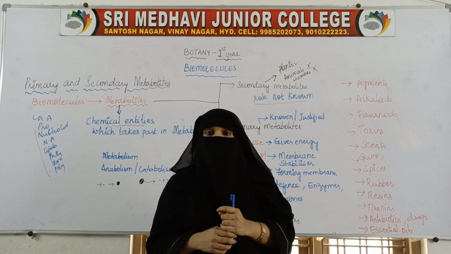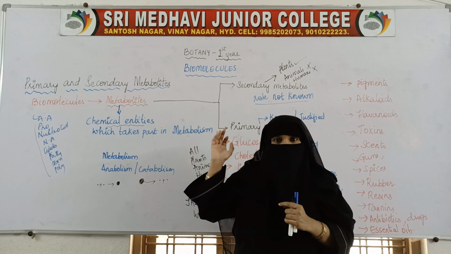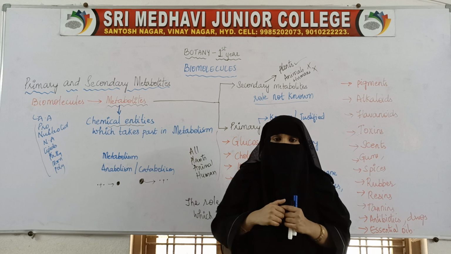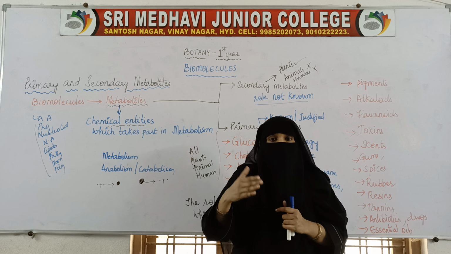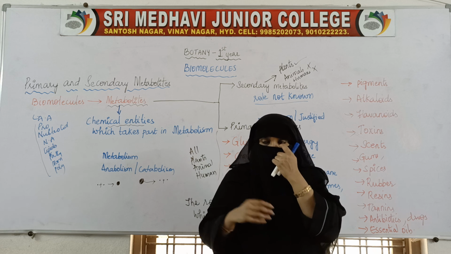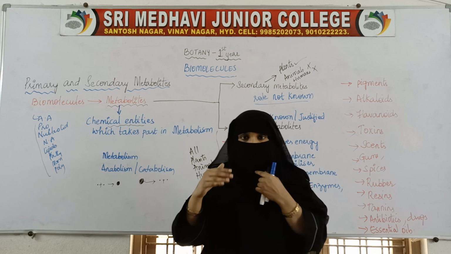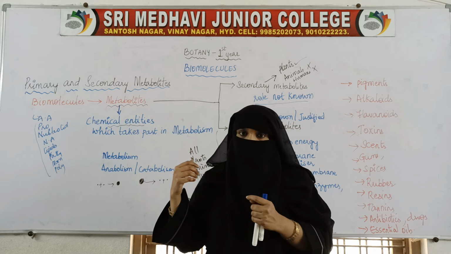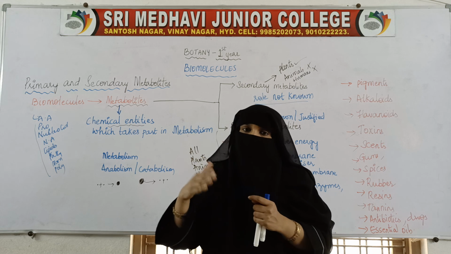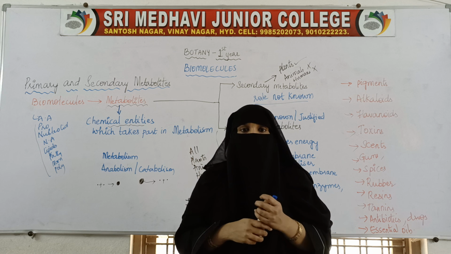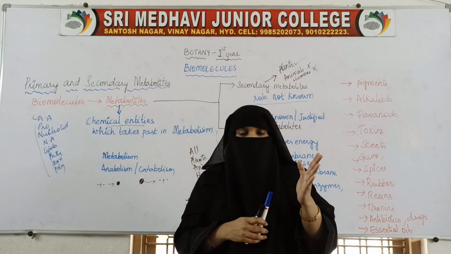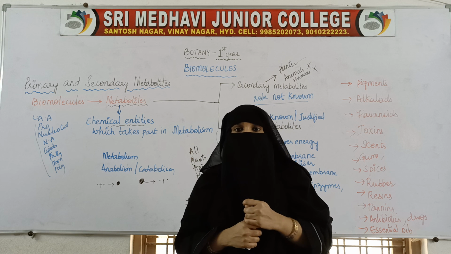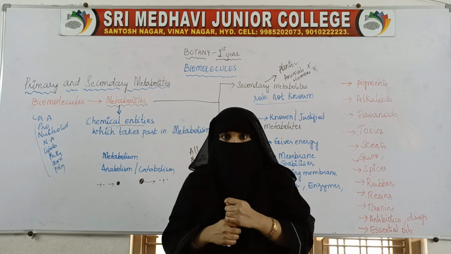In the next video, you will see a little information on metabolites also, then you will move on to biomolecules. The first thing we'll be discussing is the primary and secondary metabolites only, but afterwards you will have a detailed explanation of biomolecules and the types of biomolecules. Okay.